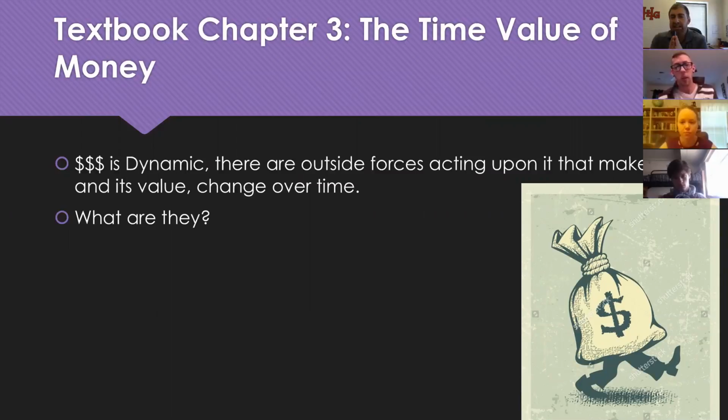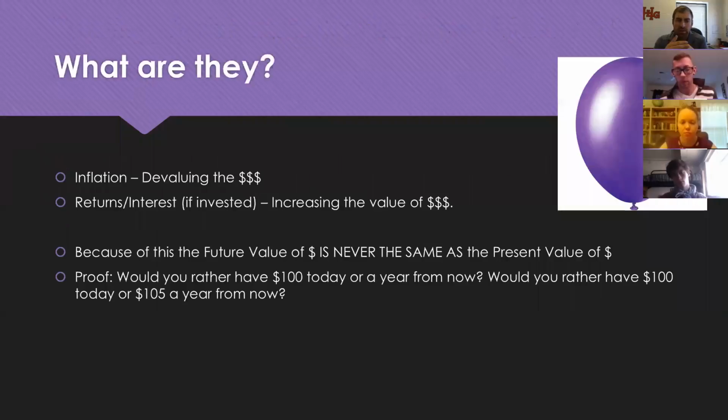It's not a static thing. Typically we think of two opposing forces that work for you and against you. One is inflation, which, as you know, devalues money by watering it down. And if you invested that money, you could have a force working for you, which would be a return on investment, which increases the value of your money.